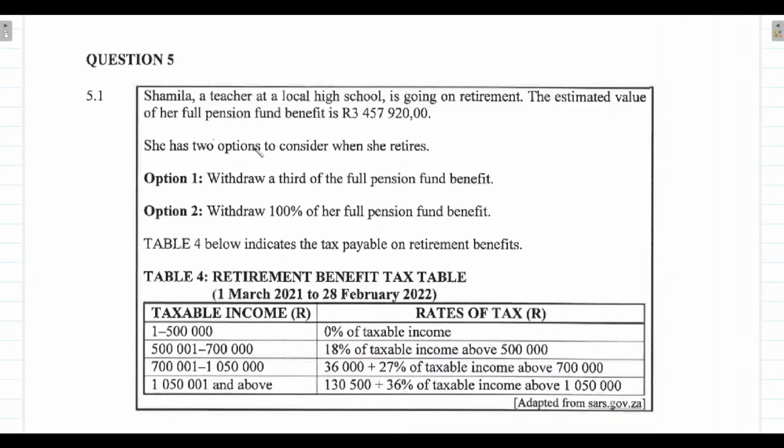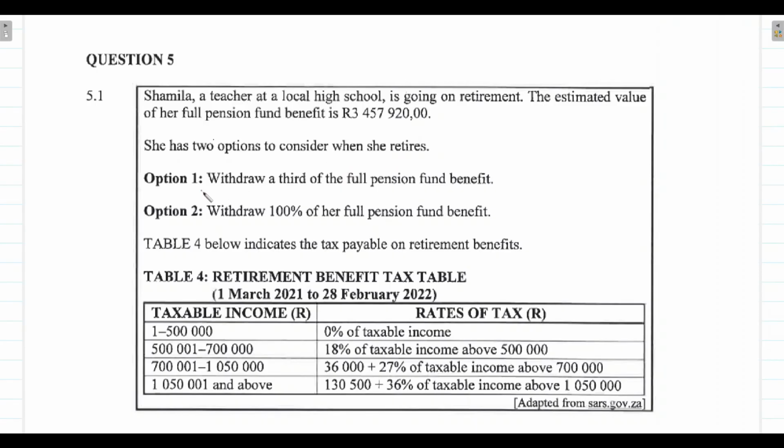So let's have a look at what is given to us here. It says that Shamila, a teacher at a local high school, is going on retirement. The estimated value of her pension fund benefits is 3,457,920. She has two options to consider when she retires.